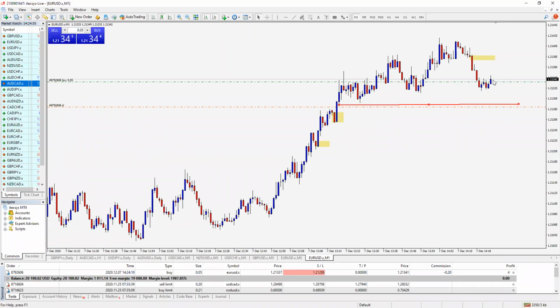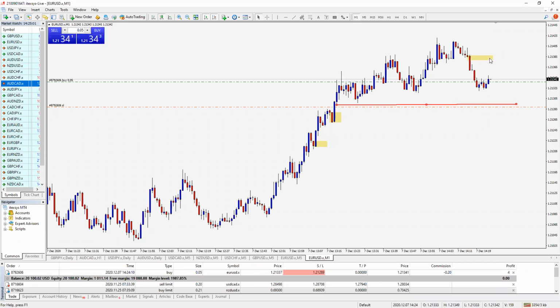So price will have a hard time just breaking that supply area. So for scalpers, if you like to scalp, that's a good point for taking profits, because you don't expect to get more than one impulse, or one price cycle.